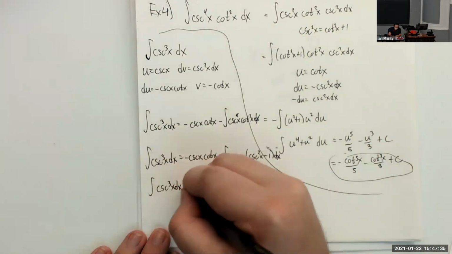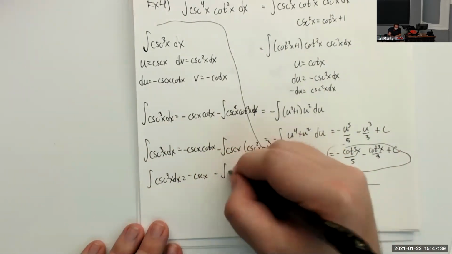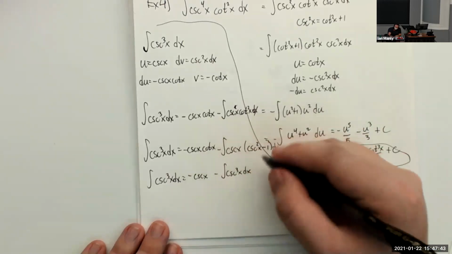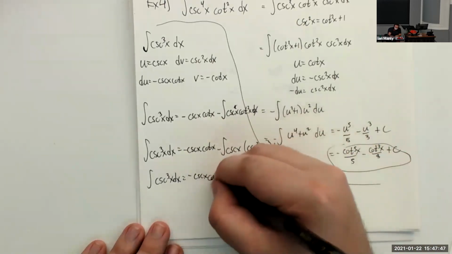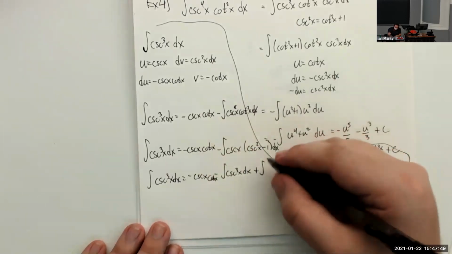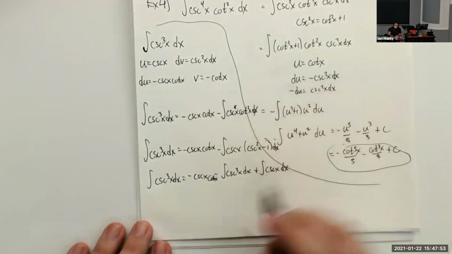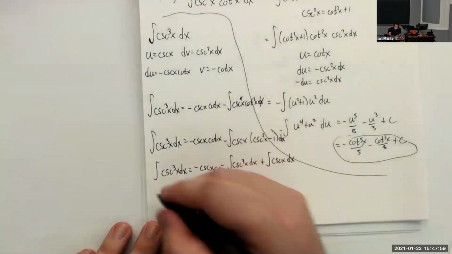All righty. So if I distribute this and split up the integrals, I have a negative and a negative, so that's going to be a positive here. Oops, forgot that. All right, so then I have negative this integral right here, and then I can add that over to this side.